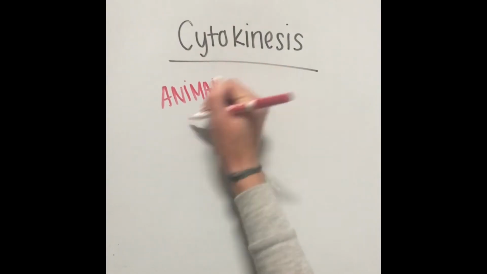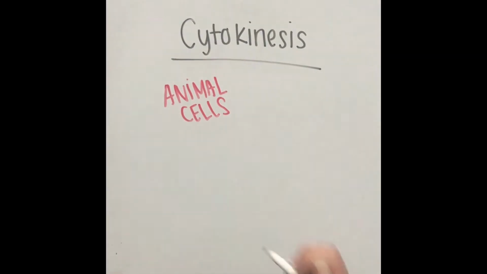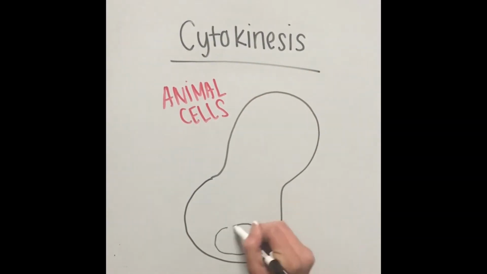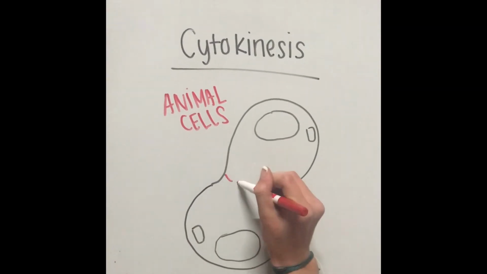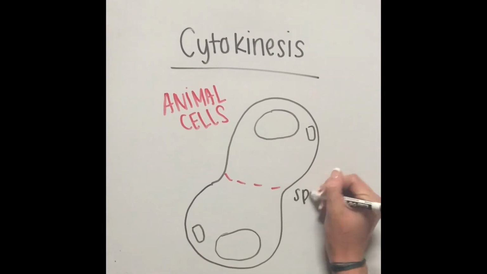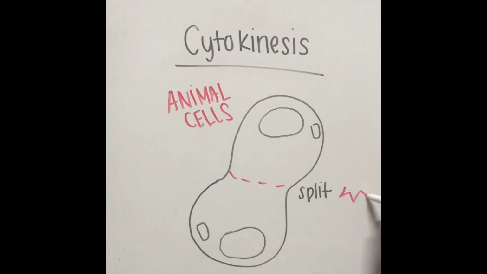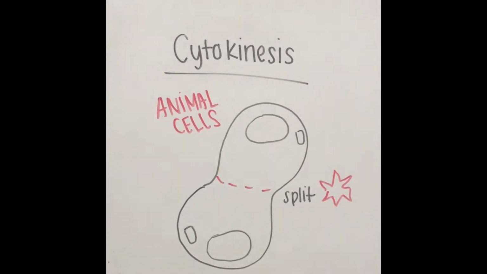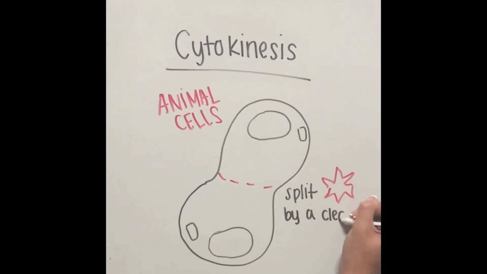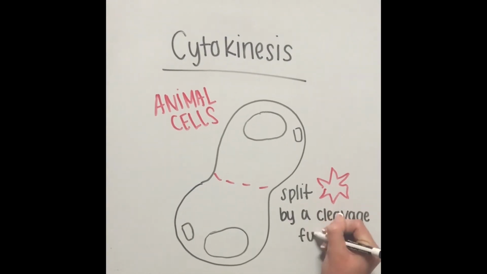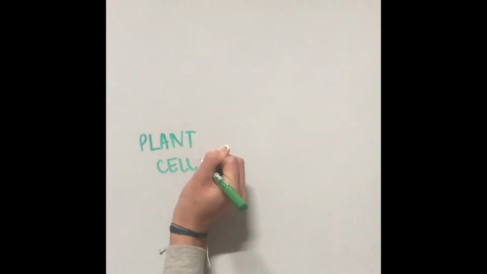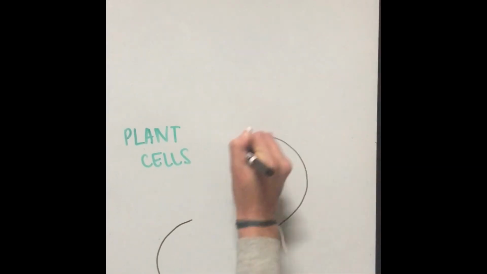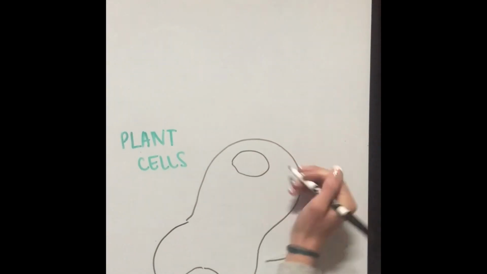In an animal cell, it is split by a cleavage furrow. For a plant cell, it is split by a cell plate.